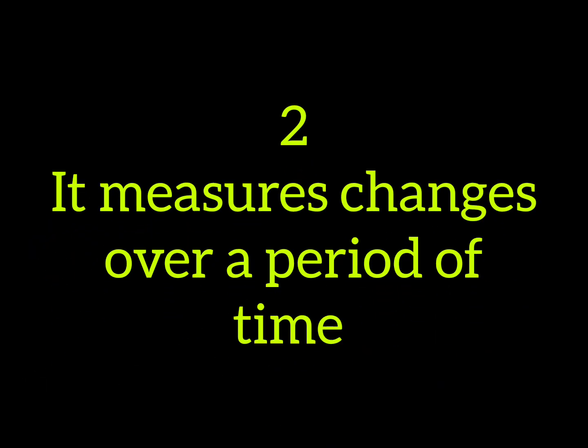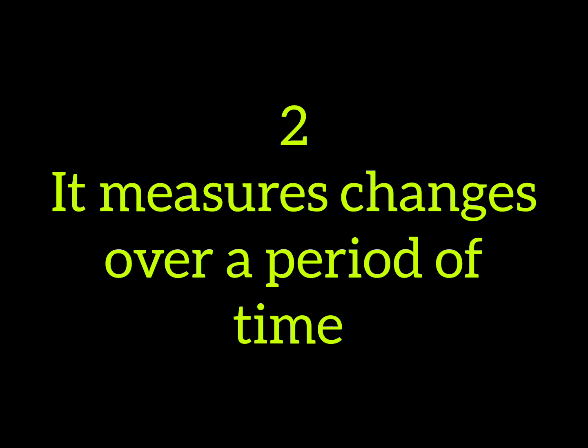Now going to the next one, that is index number measures the changes over a period of time. It is generally used for measuring changes over a period of time, such as changes in consumer goods prices, industrial production, industrial raw material prices, wages, etc., over two different time periods, and we can say base year and the current year.